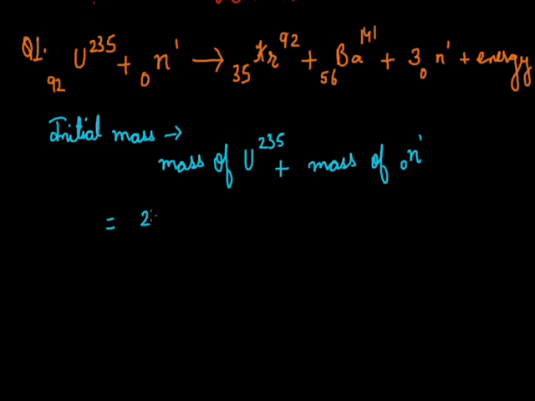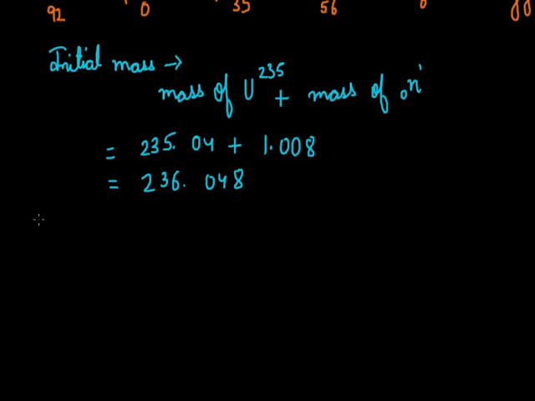That is 235.04, and the mass of neutron is 1.008. That gives us 236.048. This is the initial mass.